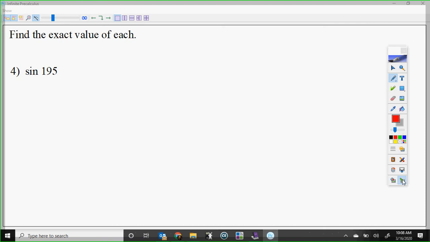So I'm going to look at my values on my unit circle and think, okay, 195 equals something plus something. And I could use minus as well. I usually don't, because I think addition's easier, but if you have two numbers that subtract to make 195, that works just as well.